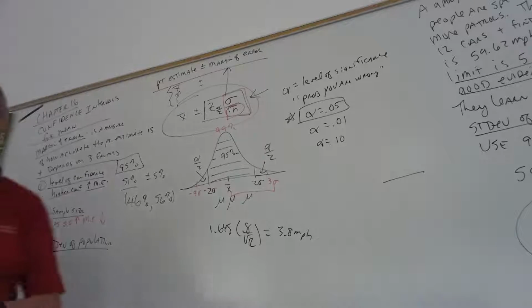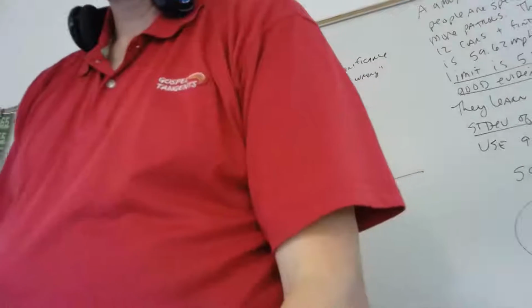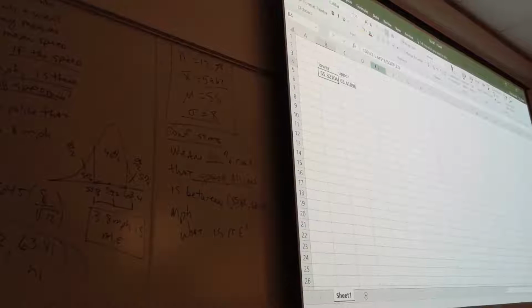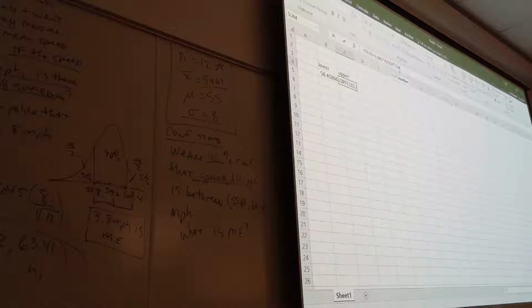Let me show you a quick example. If I go back over to my spreadsheet and change 12 cars to 120 cars, remember, the first time the answer was 55.8. Now it's 58, and I changed this 12 to 120. Now it's 60.